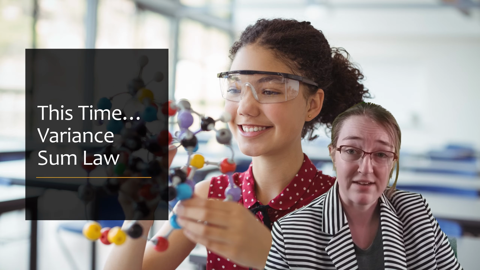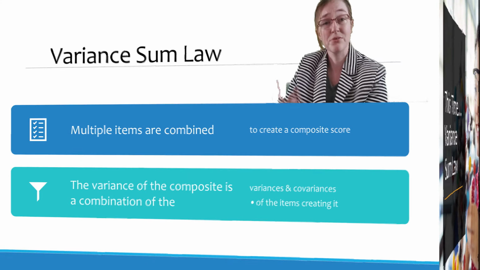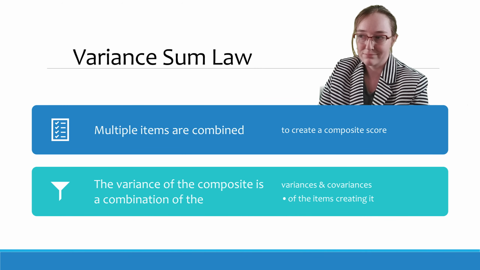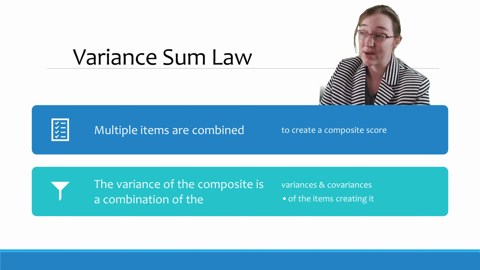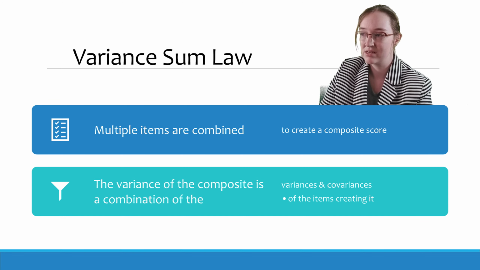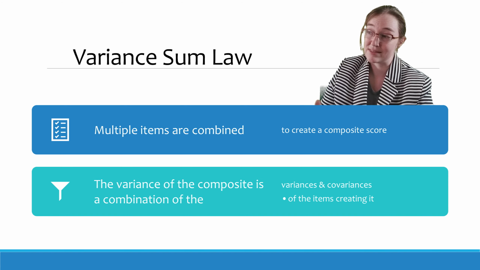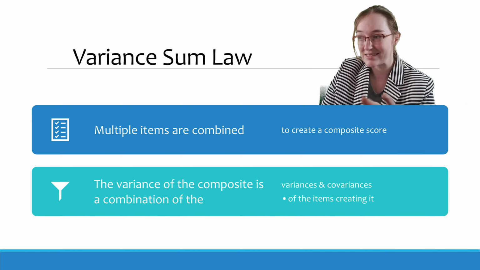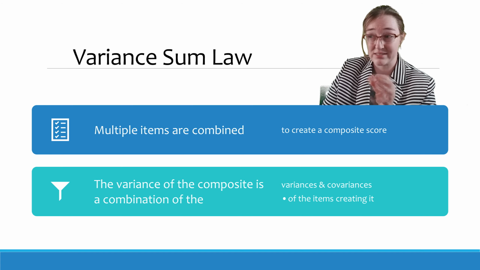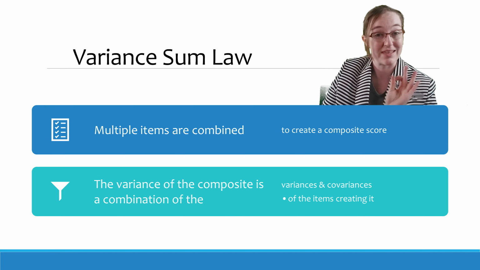So let's dive in. Variance sum laws. The variance sum law essentially allows us to create a composite score by combining multiple items. And the cool thing is that the variance of the composite is a combination of the variances and covariances of the individual items within it.